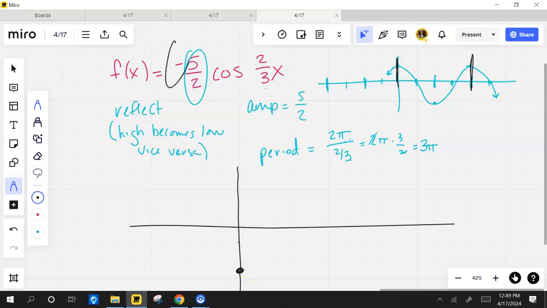Oh, all right, so this reflects it. And my highs become my lows and my lows become my highs. So if I started at a high on the parent, then a reflected one starts me at the low on the transformer. The negative in front. Your amplitude is 2.5.